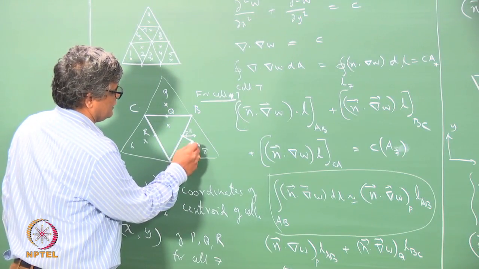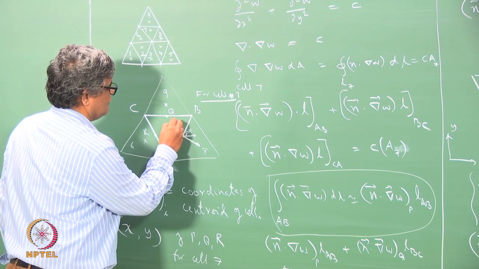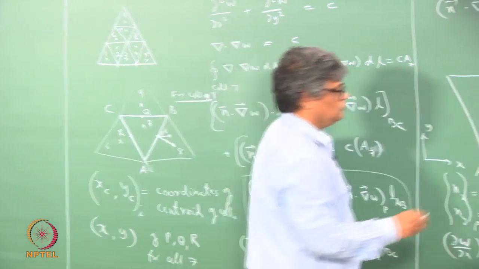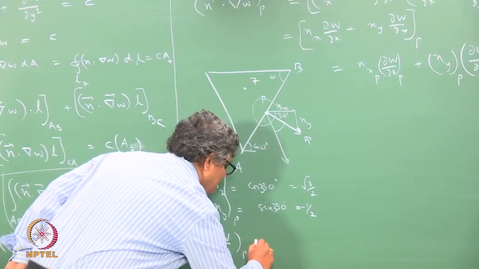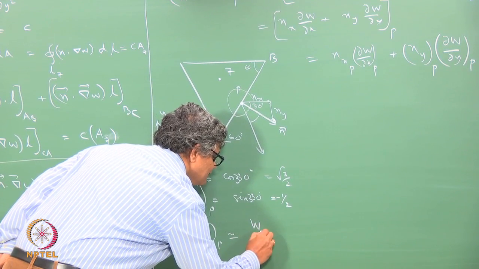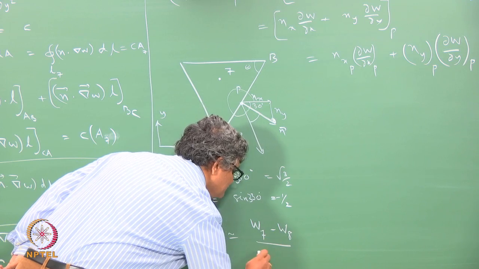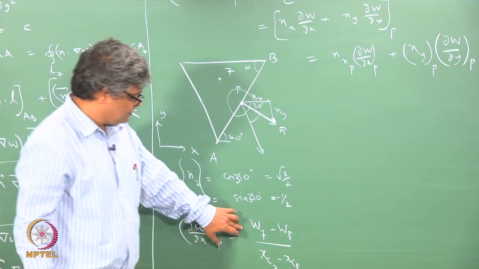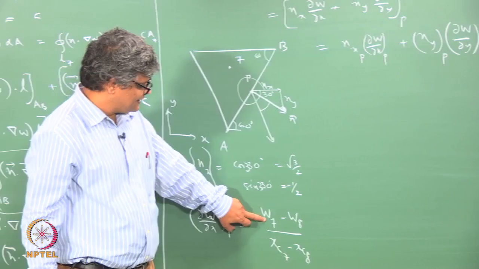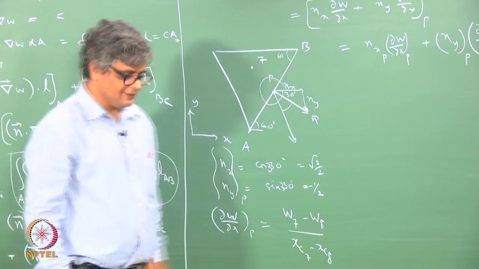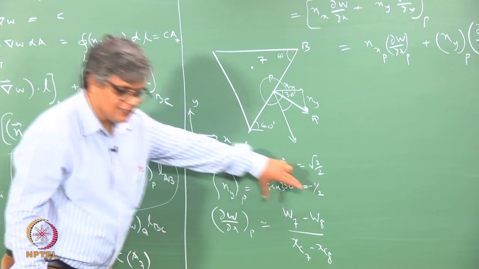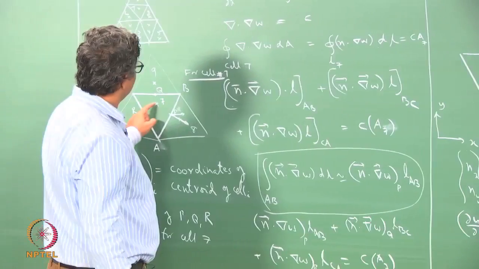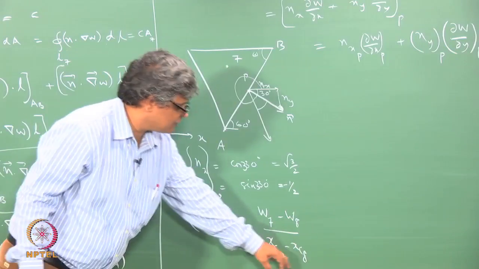Now, if you come to this point here, this is the 7th cell and this is the 8th cell, and we can say that the gradient here dou w by dou x at P can be written as W7 minus W8 divided by XC7 minus XC8, where W7 is the value of the velocity for the cell 7, and this is the value of the velocity for cell 8, that is delta W, and this change is happening over an x distance of, as you move from here to here, the x displacement is the difference between the x coordinates of the 2 points.